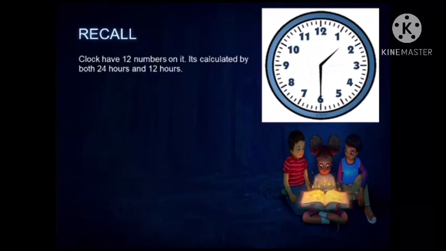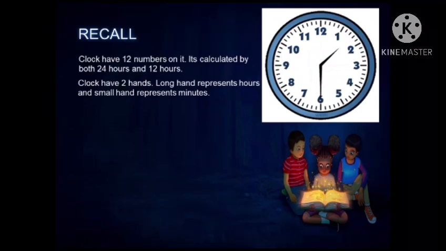And the clock has two hands, obviously. The long hand represents hour and the small hand represents minutes.